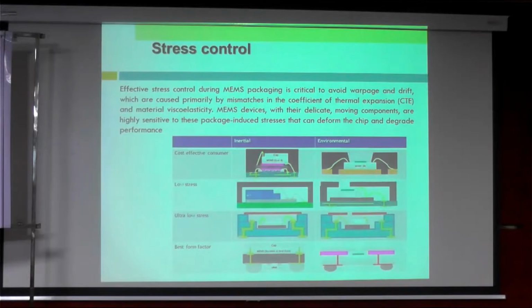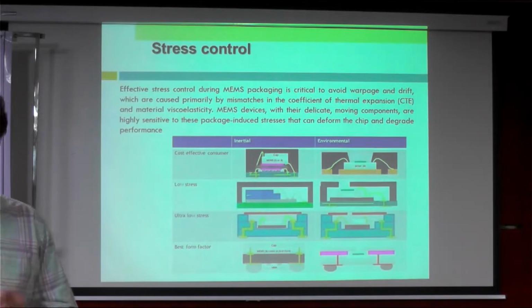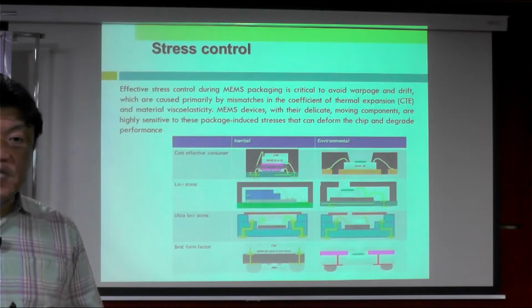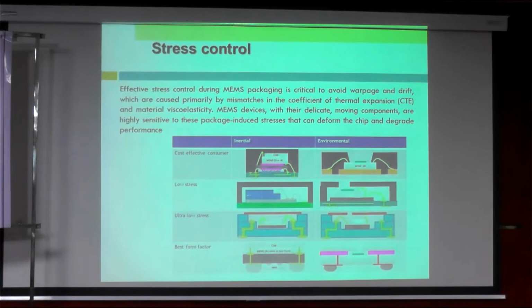That's why in stress control design, if we cannot avoid using certain materials, or are required to use materials which differ in coefficient of thermal expansion, then we might need to consider a way to release the stress if this condition happens. I mean, when the fluctuation or operation at high temperature happens.